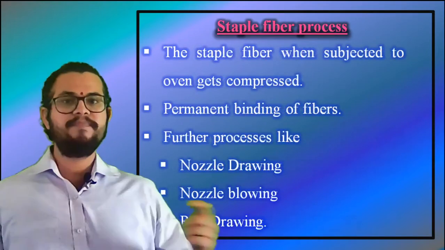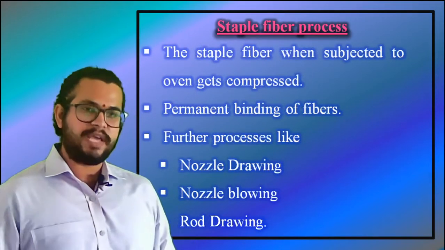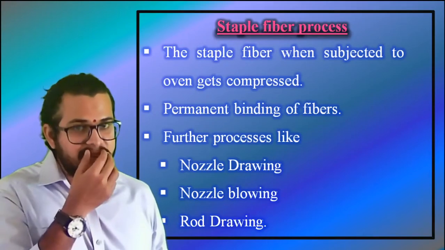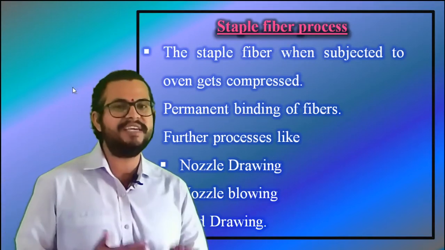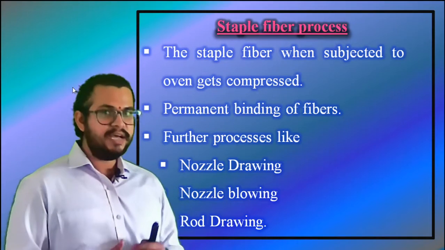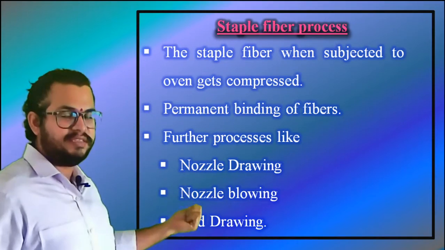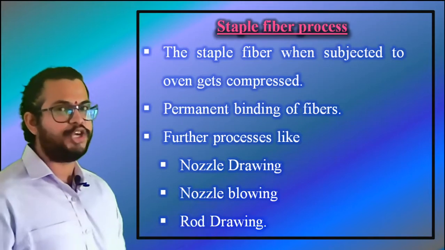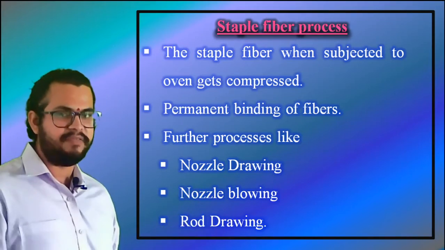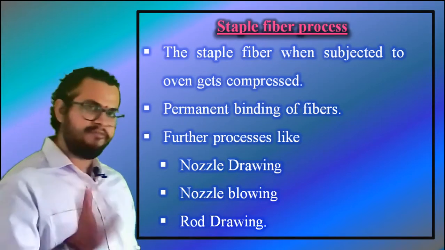Okay, next we have the staple fiber, which, when subjected to an oven, is compressed to the desired thickness, and the binder which was applied earlier is cured, giving us a permanently bonded fiber.